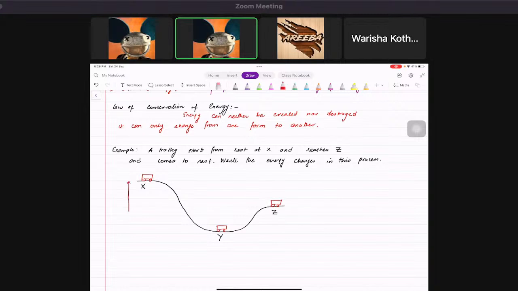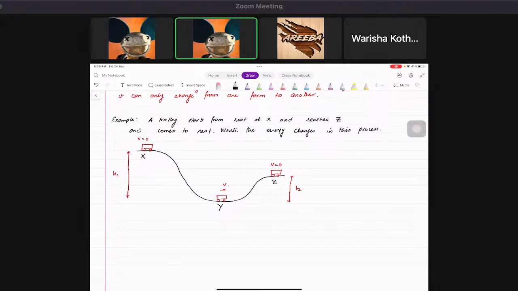This height is h1, this height is h2. So clearly, if it stops, here the velocity is 0, here the velocity is 0, and in between it is moving at velocity. So clearly, from X to Y, gravitational potential energy has gone to kinetic plus some heat. Why? Because it is not frictionless.